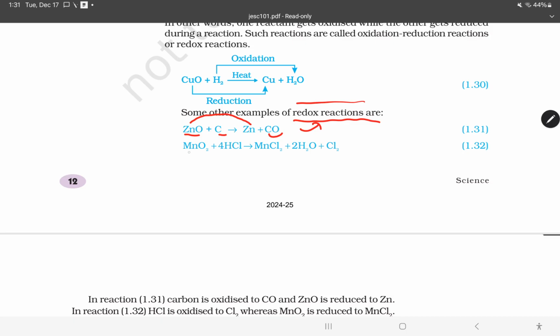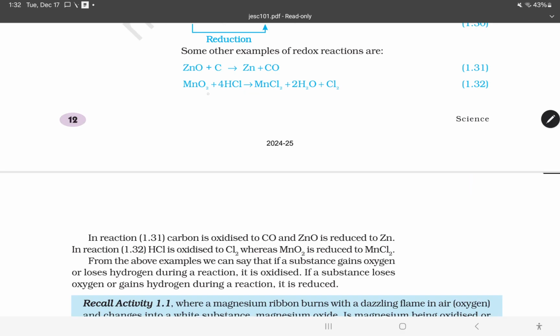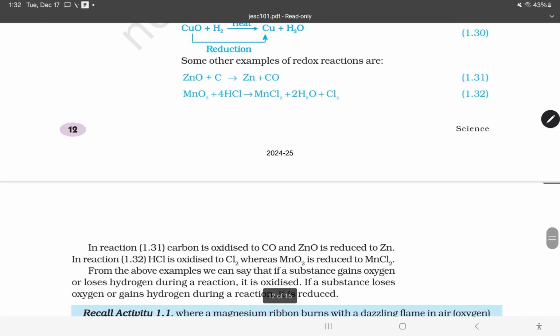And in the case of this one also, right? Here MnO2 and HCl are having a chemical reaction. Mn is losing its oxygen, so it is reduction for manganese. And in HCl, the hydrogen is gaining oxygen, so it becomes H2O, so it is oxidation.